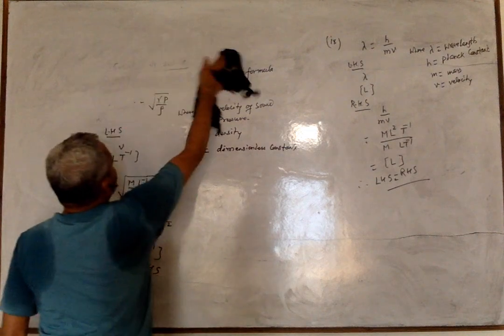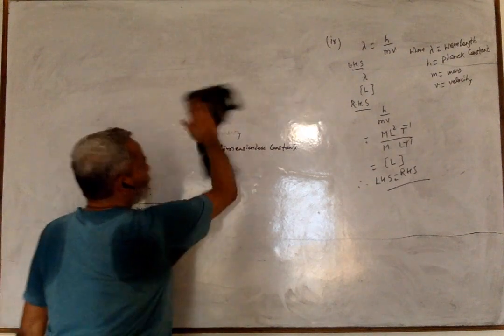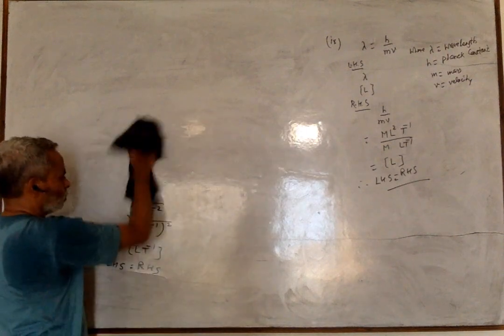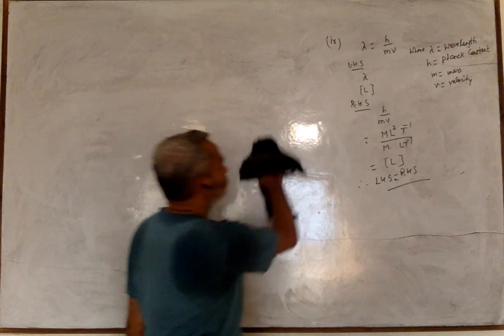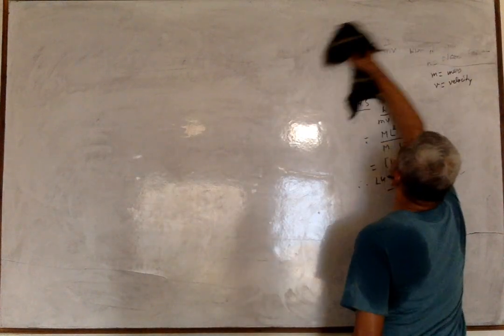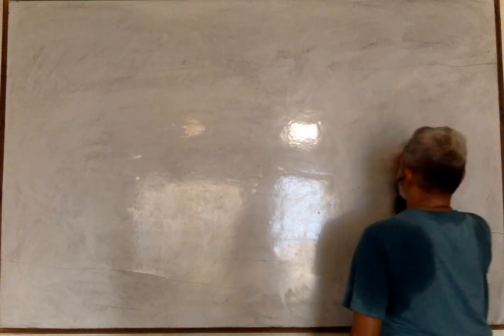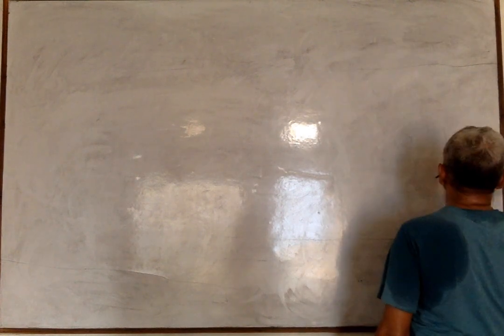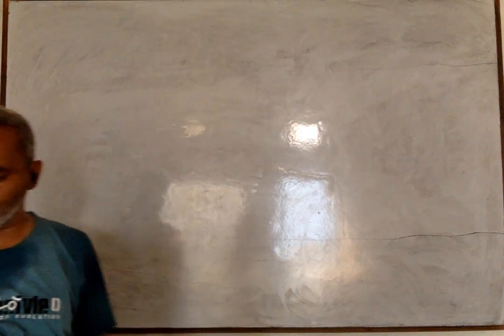Now we come across the example of the third use of dimension, to establish any physical formula. In this use, one value of a physical formula depends on two or more values.